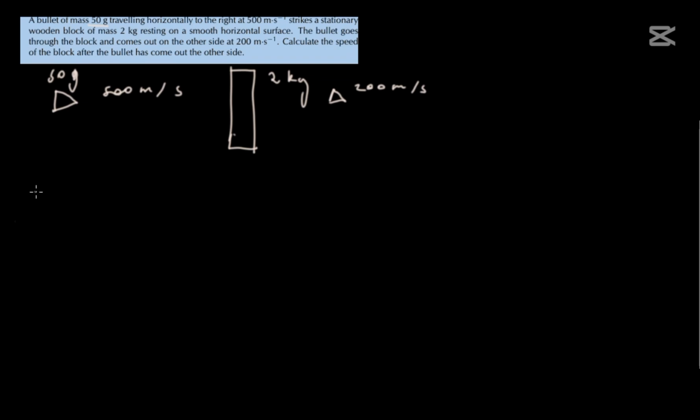So we are going to say m1 multiplied by v initial for object 1, plus m2 v initial for 2 equals m1 v final for 1, this is 1 over here, plus m2 v final for 2.